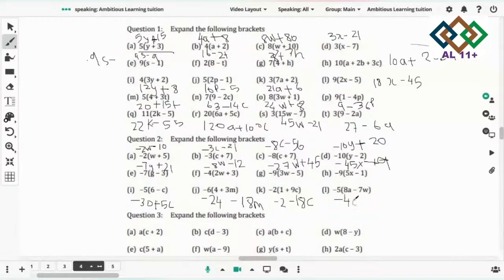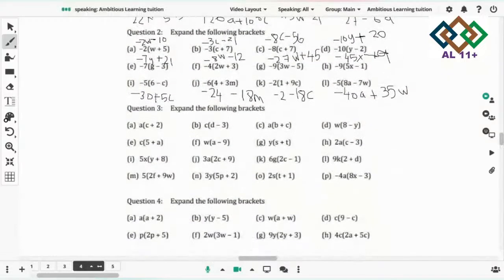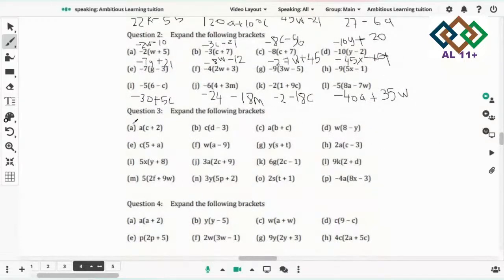Minus 40a. Minus and minus becomes plus, plus 35. Oh, you just have to do all of them the same way as we are doing. I'll just write the answers for you all.